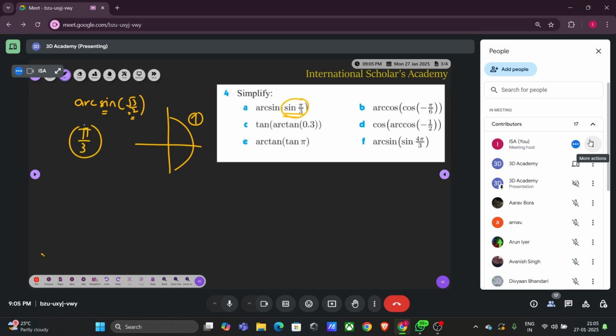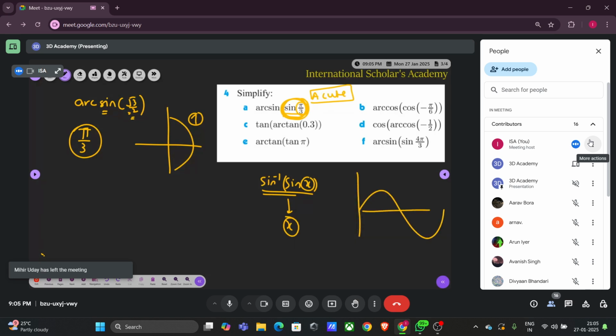So guys, always remember, if the angle given here is an acute angle, then for sine inverse sine x, if x is an acute angle, your answer will be x only. If it is an obtuse angle, then you have different values. The answer is the same, but for an obtuse angle, let's say instead of pi by 3 you have been given 2 pi by 3.